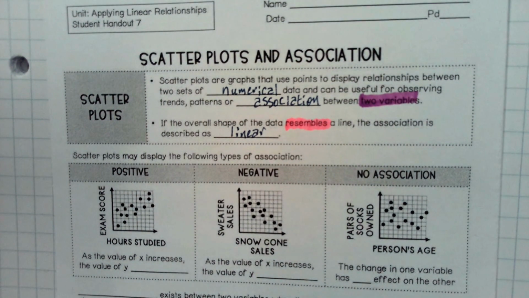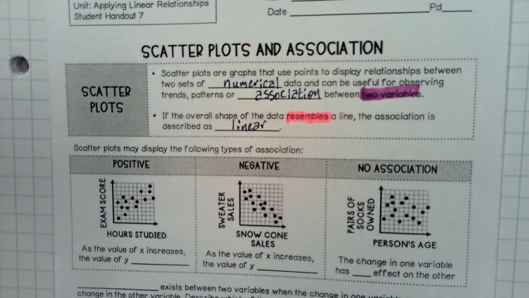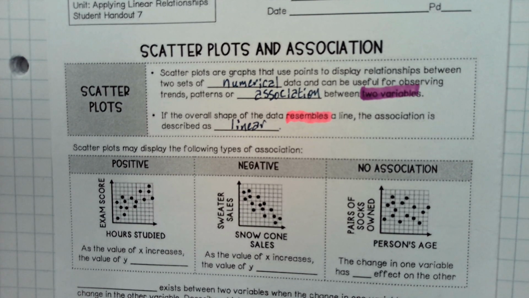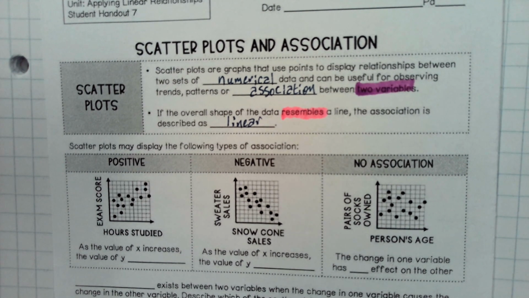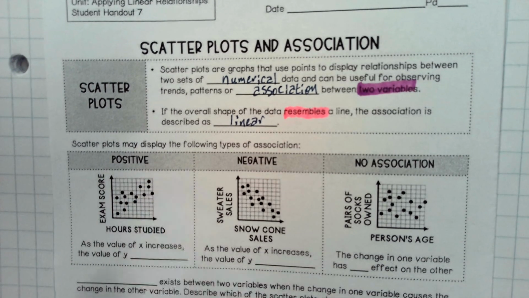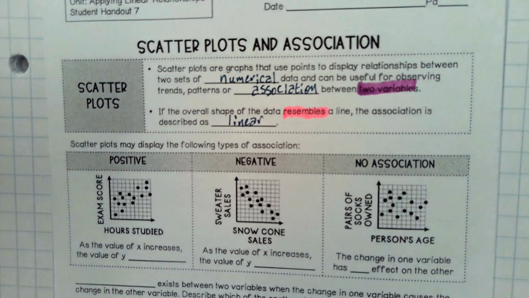Okay. So below here we have three types of scatter plots. So there's three types of what we call associations. And two of them we're really interested in.